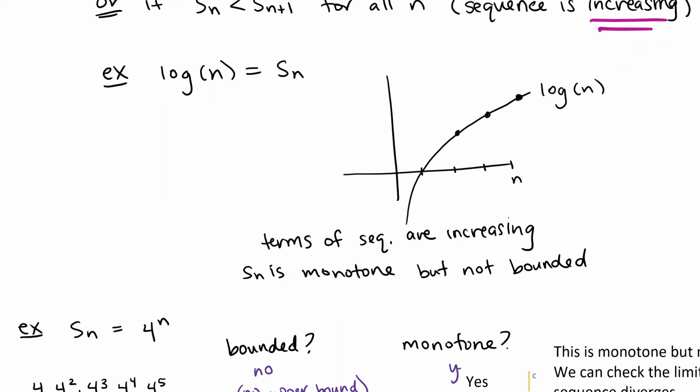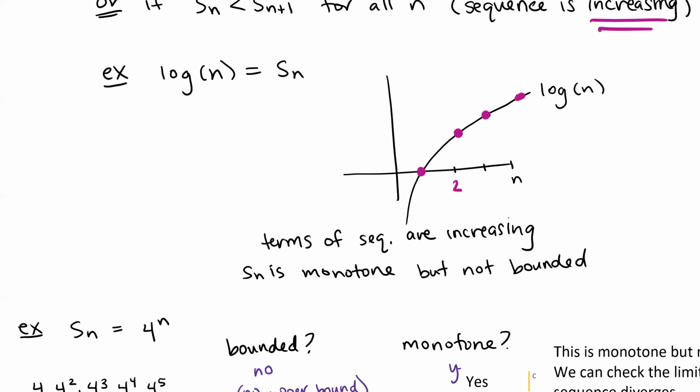Here we have Sn is equal to log n. And the terms of this sequence are increasing. And if we plot it out, we could see why. So if we have n equals 1, then S1 is log 1 or 0. When we plug in 2, our second term is log of 2. That is bigger. Then we have log of 3, which is even bigger, log of 4, which is even bigger. All these terms are getting bigger than the last.